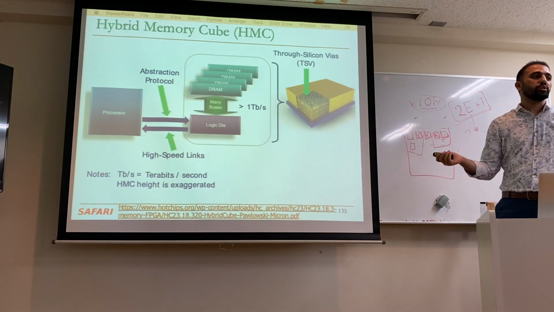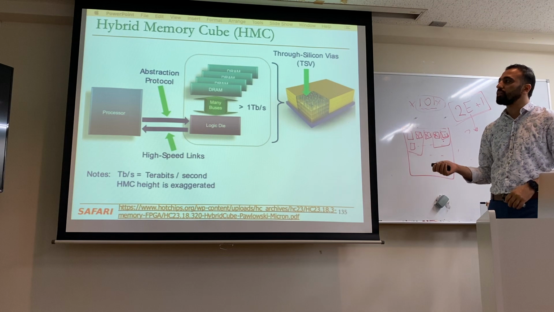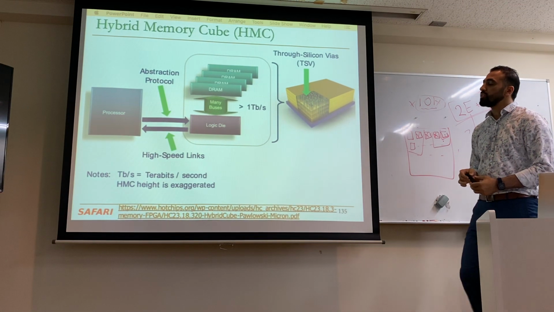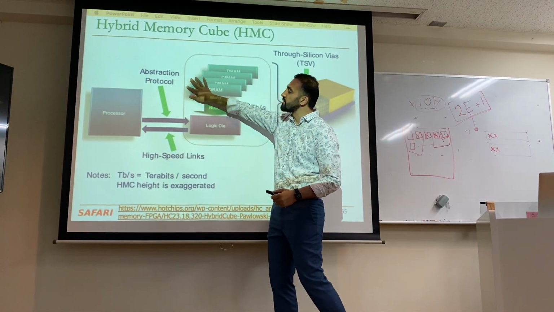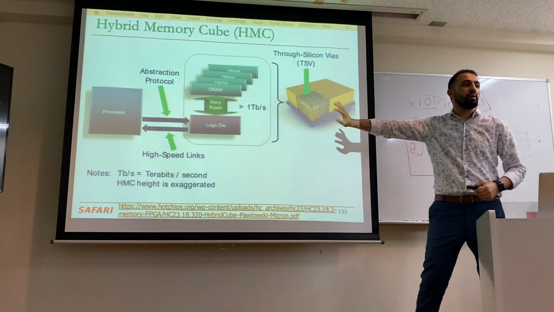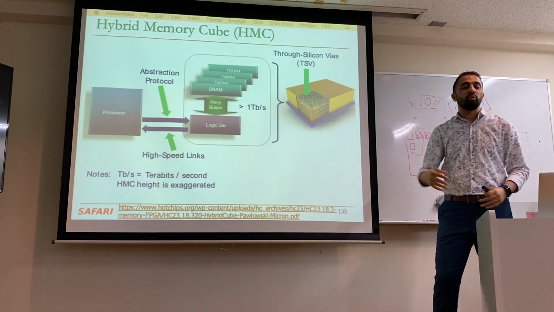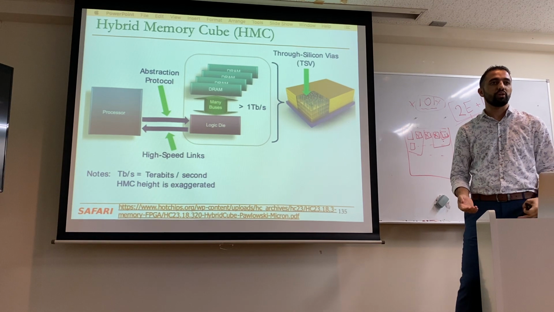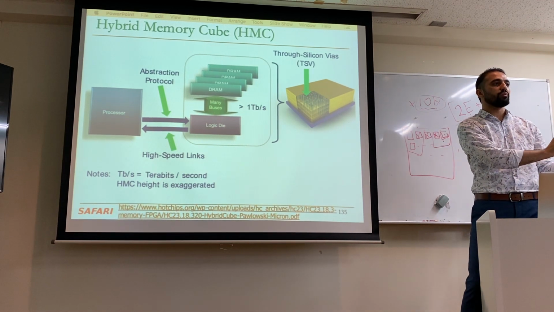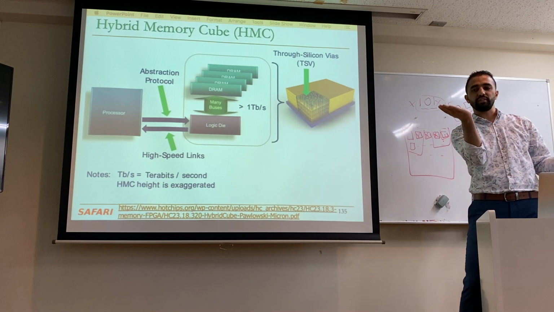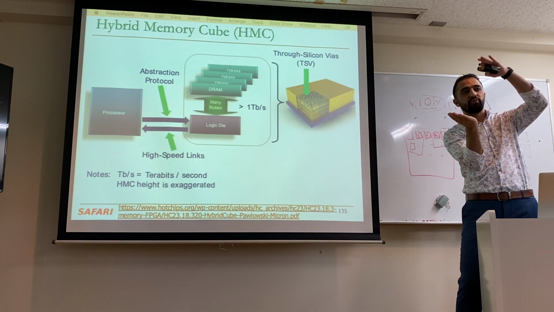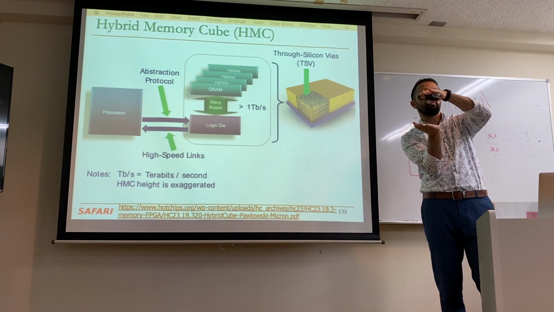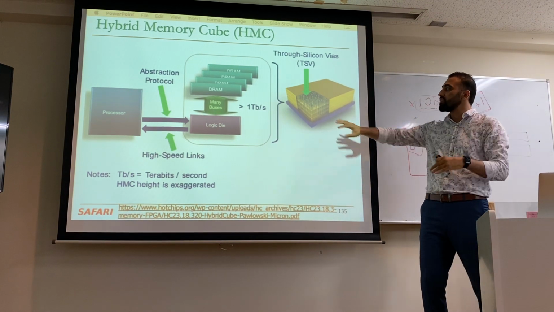And this is one of the solutions proposed by one company called Micron, where they have the HMC cube. So this is normal DRAM. This is the normal main memory you have in your computer. And what they did, they said, okay, the main memory, we cannot advance it more because the technology node scaling is not going further. What we can do is we have this DRAM chip, let's have another one on top of it, another one, and we can stack many of them in 3D, such that we can have this cube.